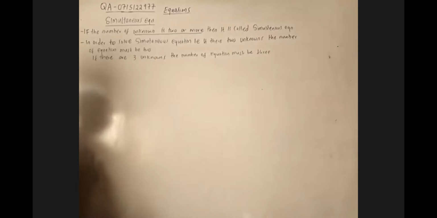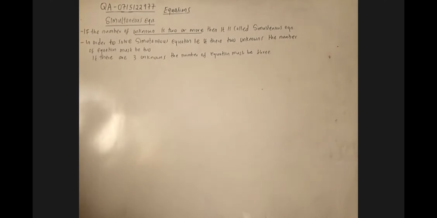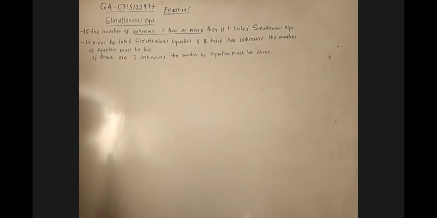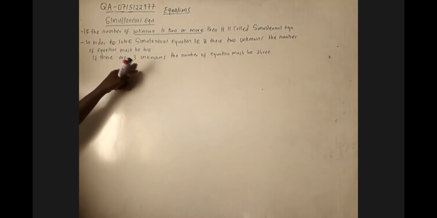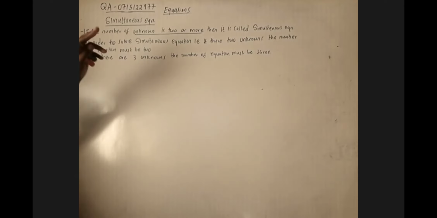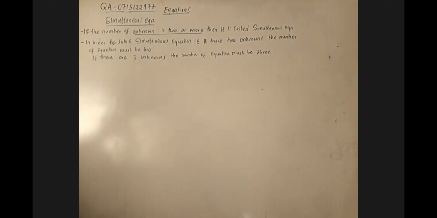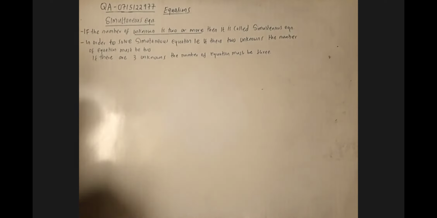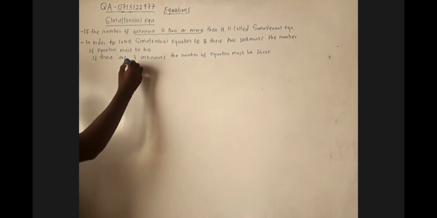So for example, if you want to solve a 2 by 2 equation, it means that the number of unknowns must be 2, and the number of equations must be 2. If you want to solve a 3 by 3 equation, the number of unknowns must be 3, and the number of equations must also be 3, etc.